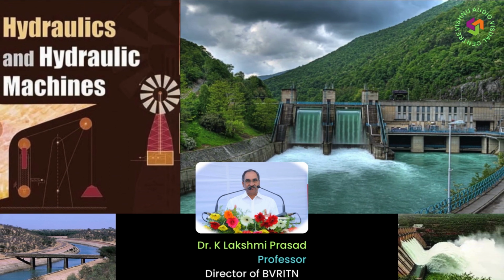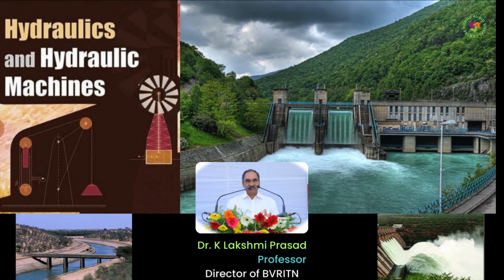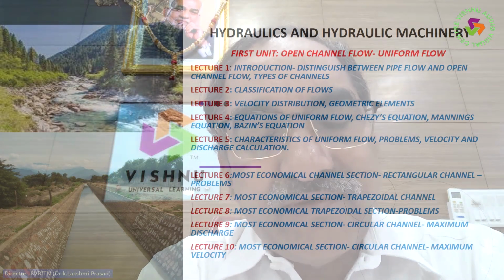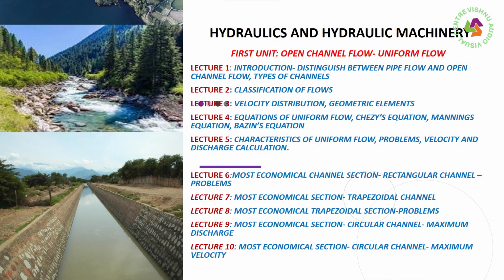So, during the previous lectures, the first lecture we focused on fundamentally what an open channel flow is, what the types of channels are, and what the types of flow are. That was our first lecture discussion.